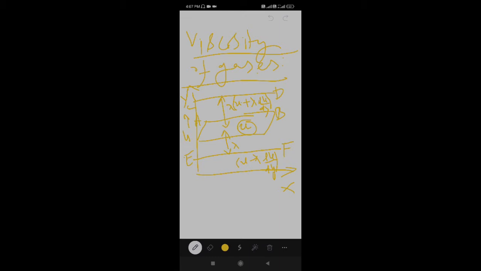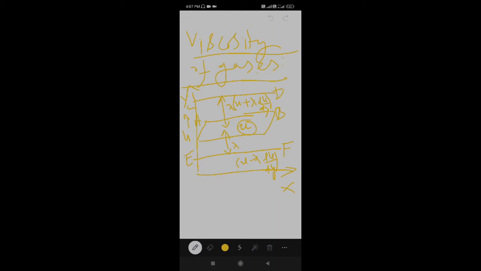Now, I think we discussed how many molecules are either moving up or down, and next, how many molecules are crossing per unit area per unit time.